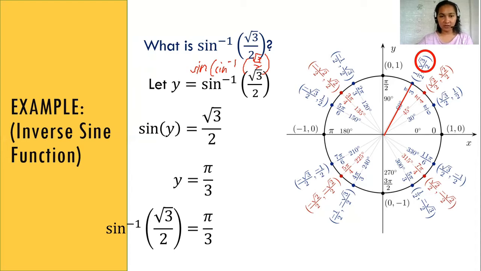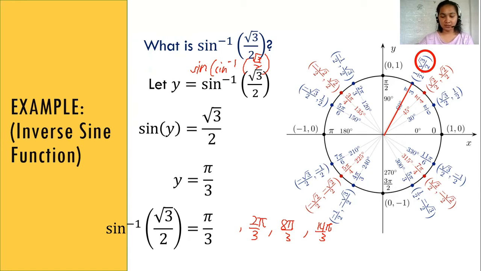So aside from pi over 3, we can also say that we have 2 pi over 3, we have 8 pi over 3, and most probably 14 pi over 3. So all of these four angles will generate square root of 3 over 2.